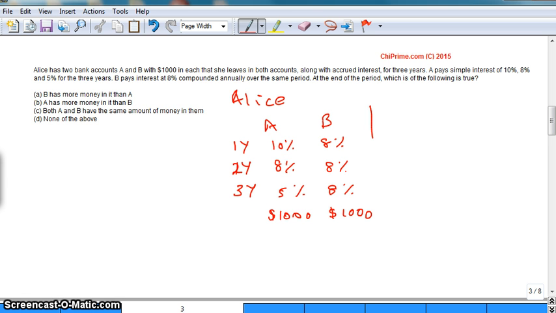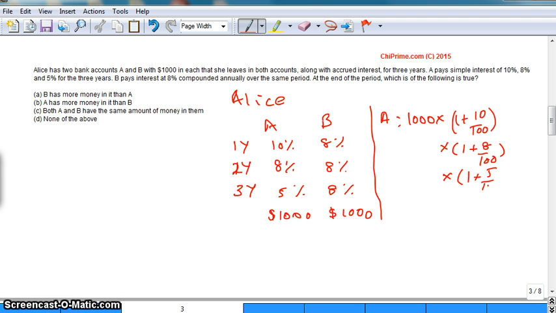So from a formula perspective, we know that the amount of money in account A at the end of 3 years would be $1,000 times 1 plus 10 over 100, because it's 10% interest earned in the first year, times 1 plus 8 over 100, because it's 8% interest for the second year, times 1 plus 5 over 100, because that's the percentage rate she earns in the third year.